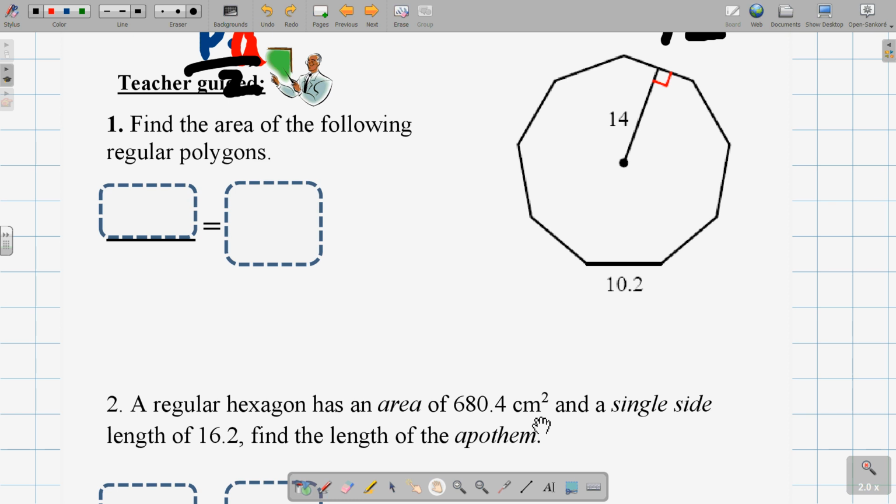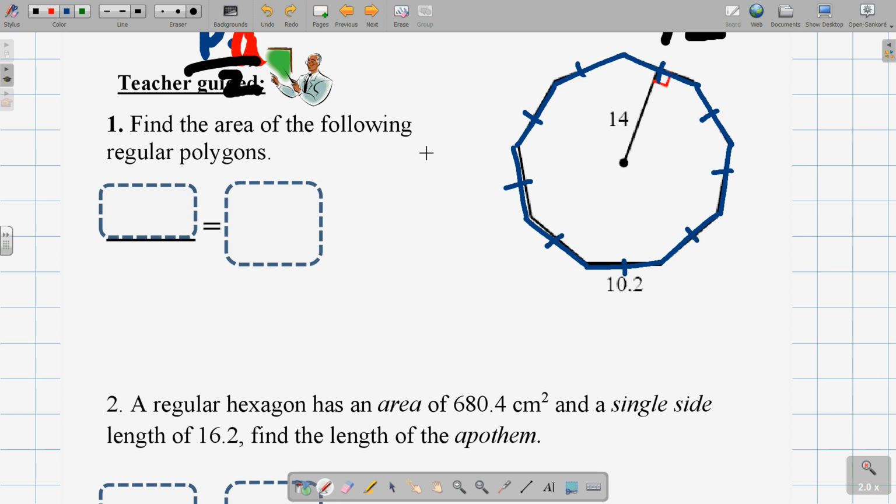Let's do these together. I want to find the area of this regular polygon. So first, let's count our sides. 1, 2, 3, 4, 5, 6, 7, 8, 9. There's 9 sides.